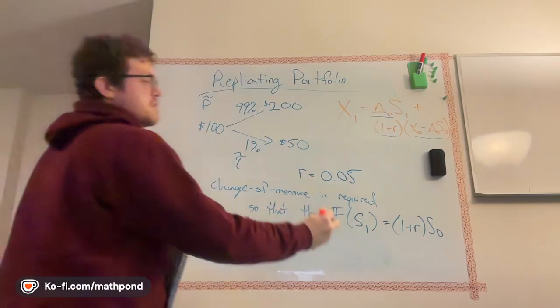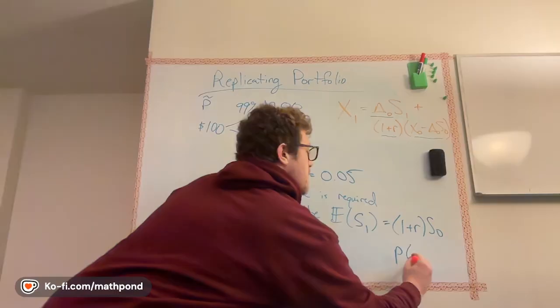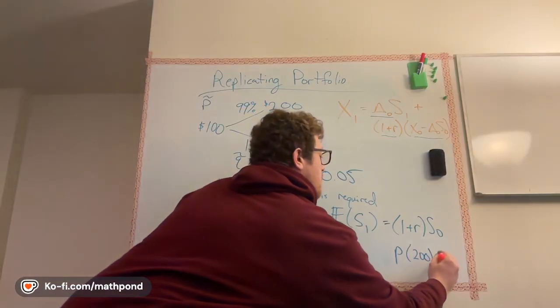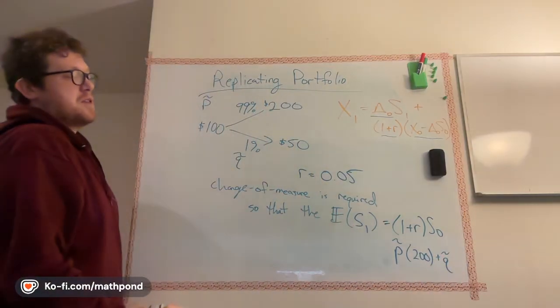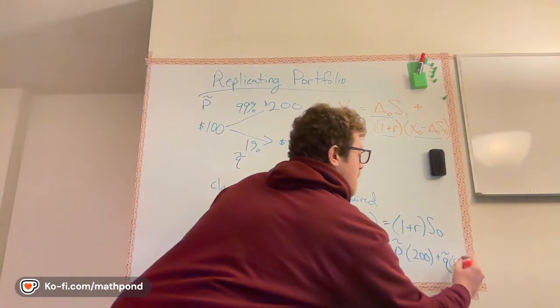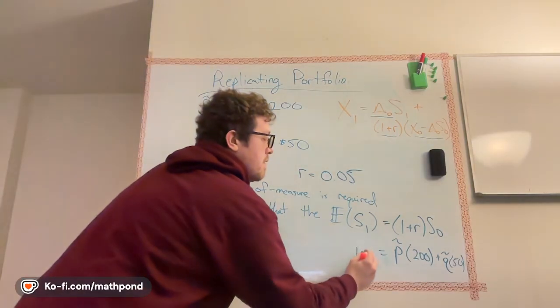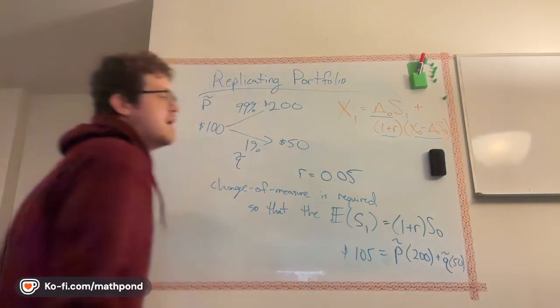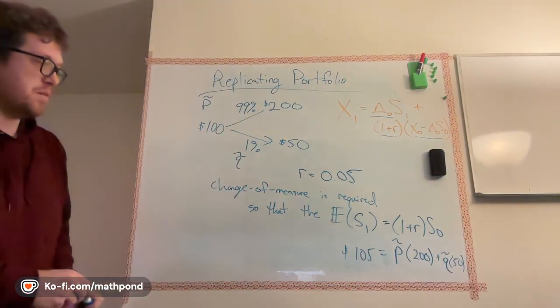So P tilde times 200 plus Q tilde times 50 equals 105. And since Q is just 1 minus P, you can figure out what P would be.